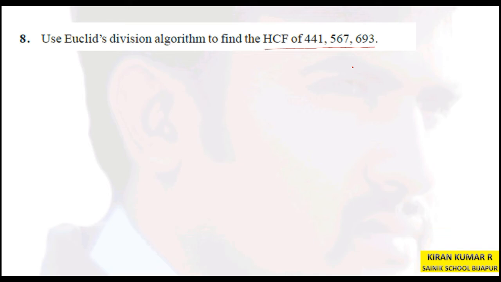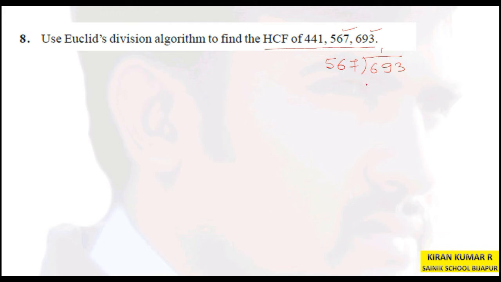We had found the highest common factor of two numbers. Then we had taken the result with the remaining number and found the highest common factor. Let's recall that. Let me take these two numbers. Let me use the class 6 standard division method and try to find the highest common factor.